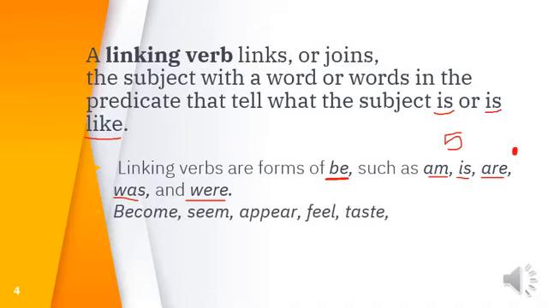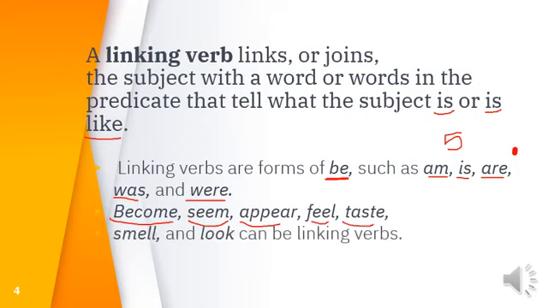And now we have some other linking verbs. Sometimes they are used as action verbs, sometimes as linking verbs. Become, seem, appear, feel, taste, smell, and look can be linking verbs.